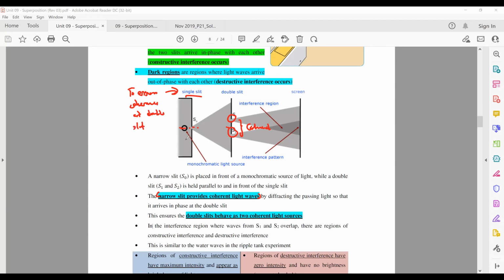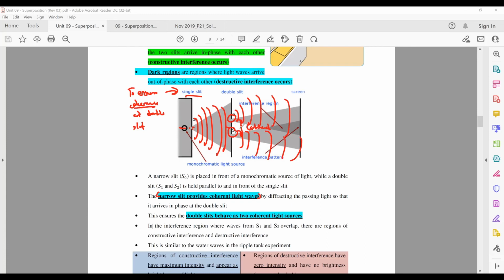So you shine a light, you place a single slit in front of it first, and let the light pass through the single slit like this. It passes through to the double slit, and then when it passes through the double slit, it becomes two sources like this. So the single slit is to ensure coherence.